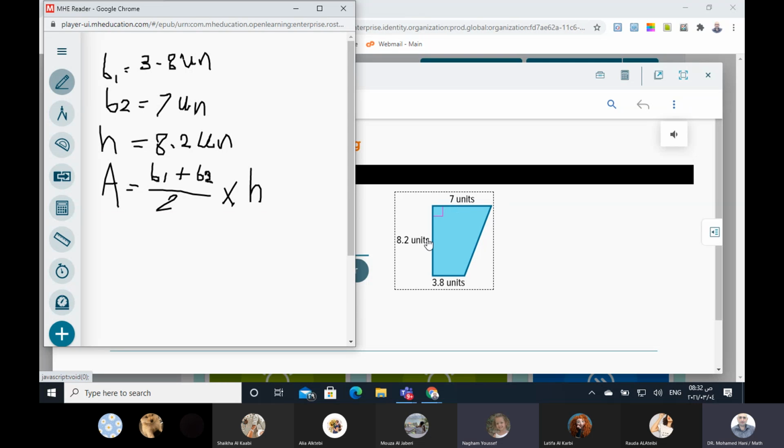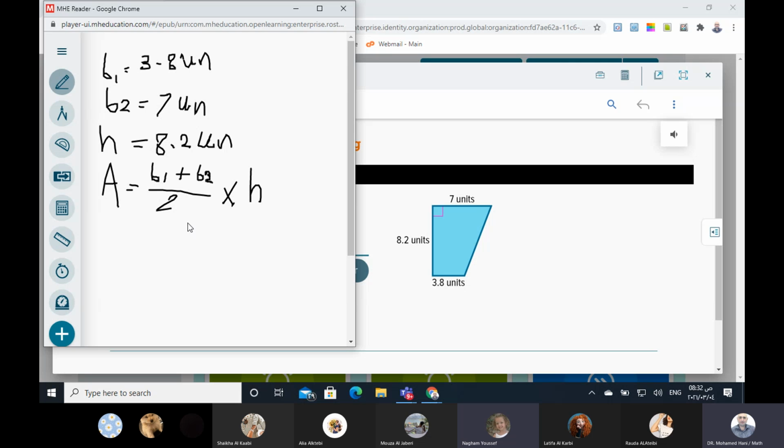And here we have the height. This sign means the perpendicular line with the big base. So this is the height. The height will be 8.2 units.